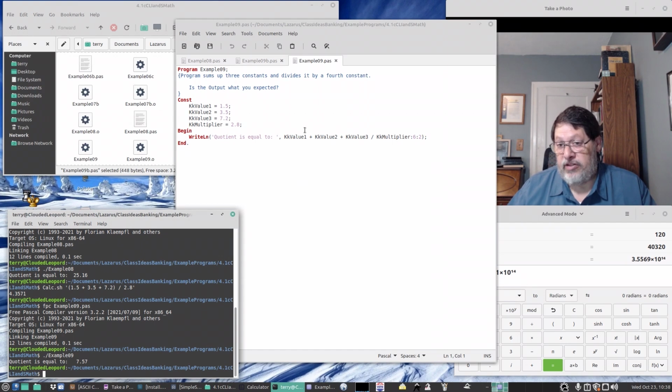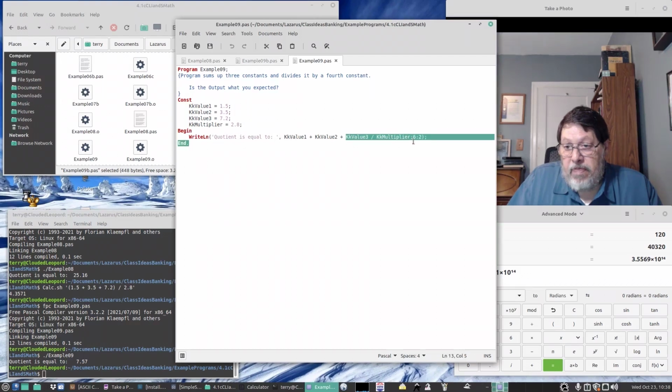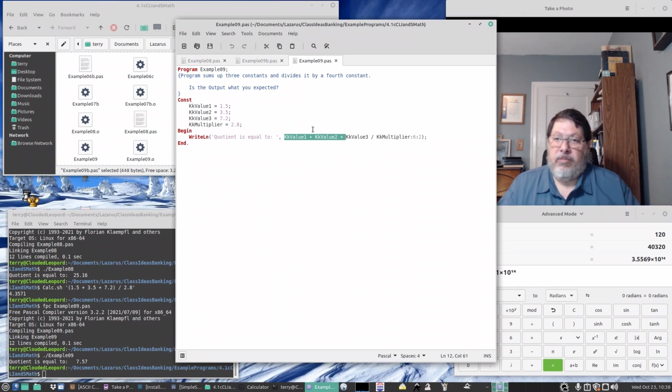Actually, I believe it's division and multiplication. And then addition and subtraction. So addition and subtraction occurs last. So in this case, this part would occur first, then followed by this. And that gets us into trouble.